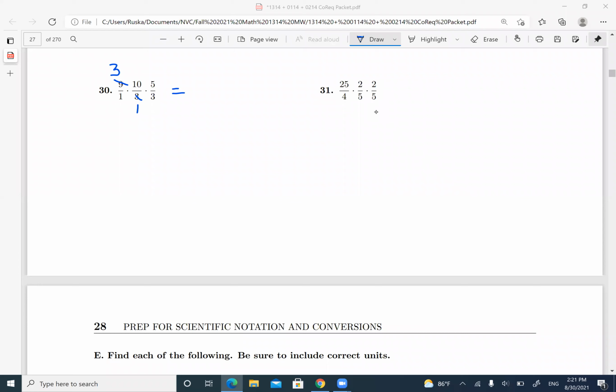Can we cancel the new 3 that we have? Yes, absolutely, good job. We're canceling 3 and 3. So I have 1 down and 1 up. So dividing by 3 up and down, yes. And then you just multiply 5 times 10 is 50. Okay, good job. So after you cancel what is left, if there are numbers left, you can reduce more, you can just continue, okay? Let's do the last one, 31.